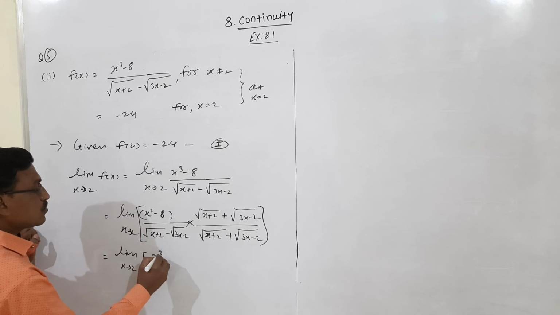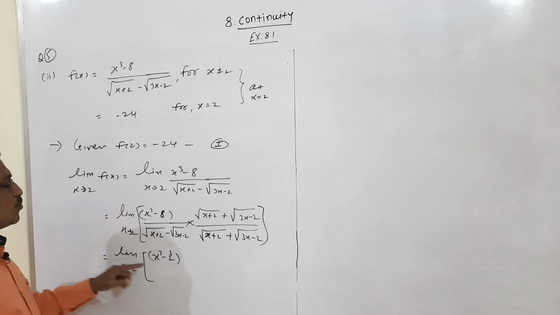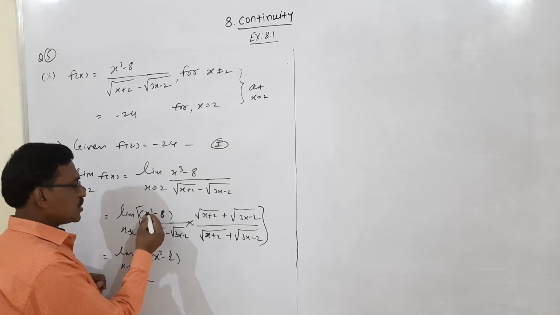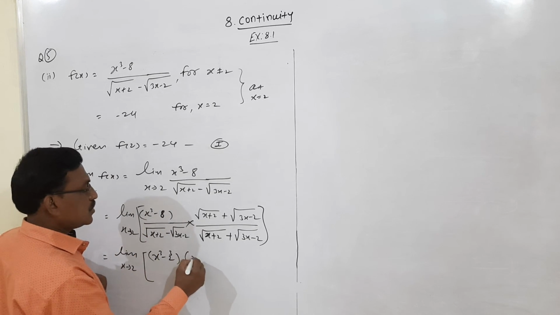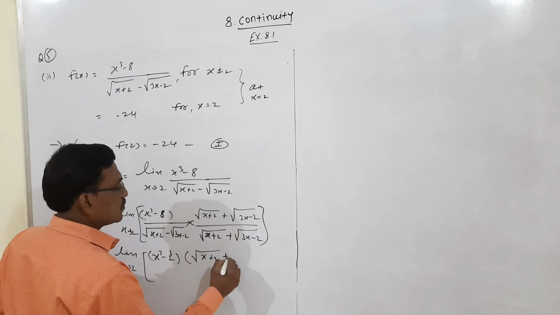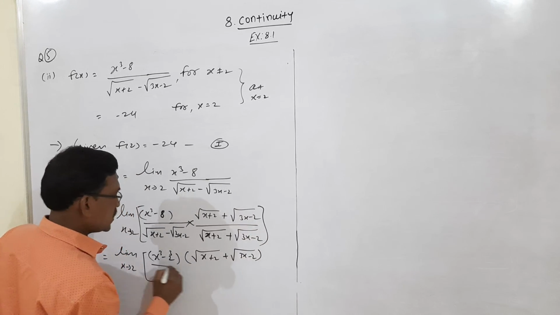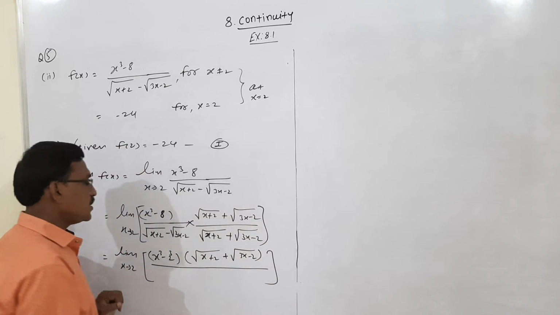Here it is the limit as x tends to 2. In the numerator, x cube minus, we write this 8 as 2 cube. Cube of 2 is 8. We take this irrational term as it is in brackets.